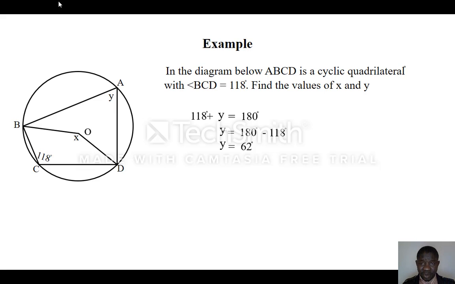The second question asks us to find x. We know that 2x gives us y. Therefore, 2x equals 62 degrees. If we divide both sides by 2, we get x equal to 31 degrees.